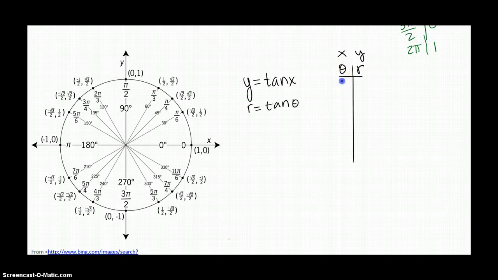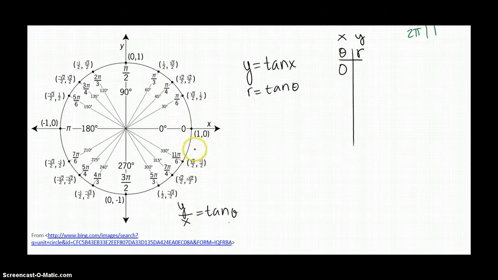And what happens at tangent of 0? So do you remember the definition of tangent on your unit circle is y over x? See how the y's are different here than here? So y over x. So 0, there it is, y over x, 0 over 1, which is 0. Let's do pi over 4.